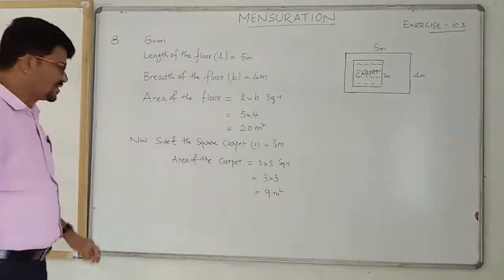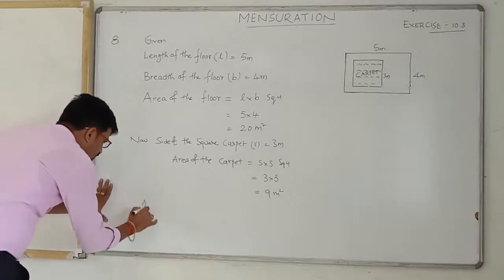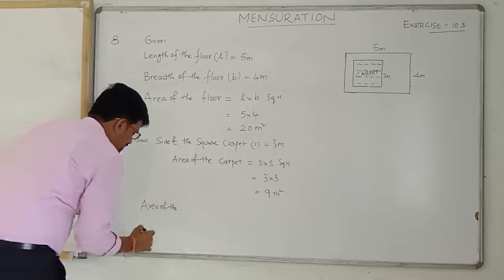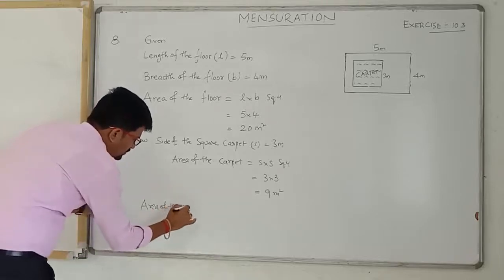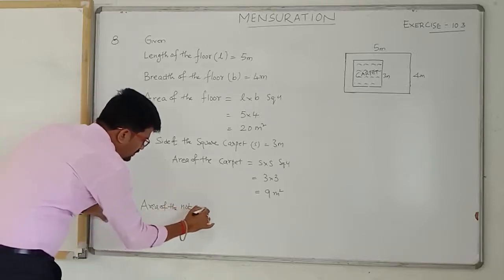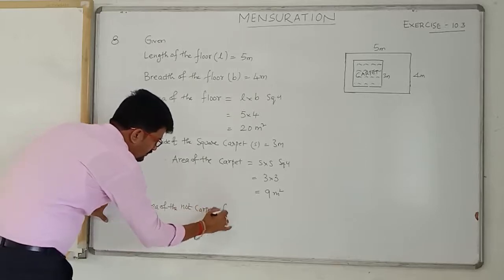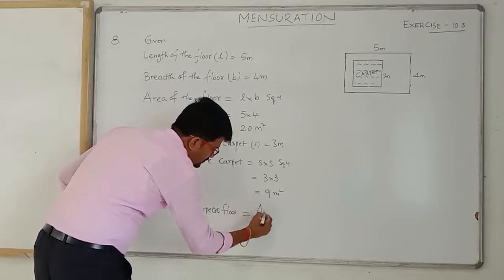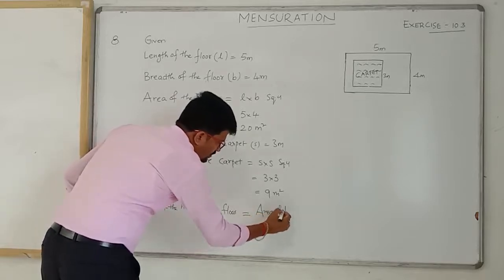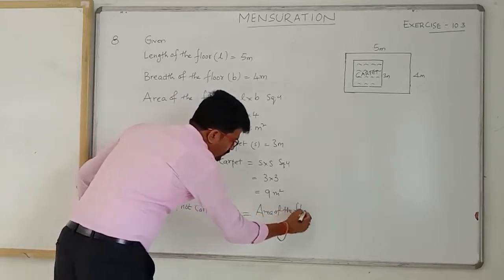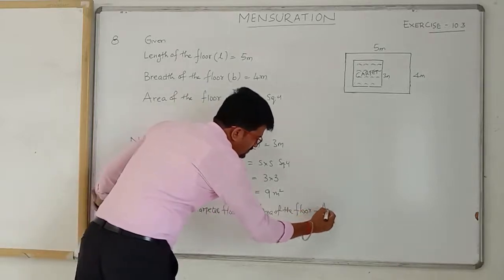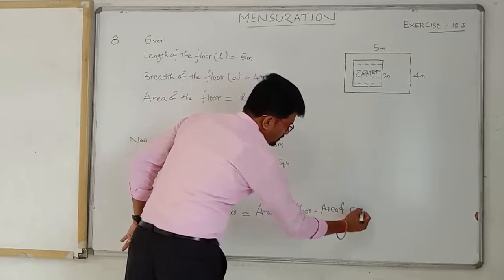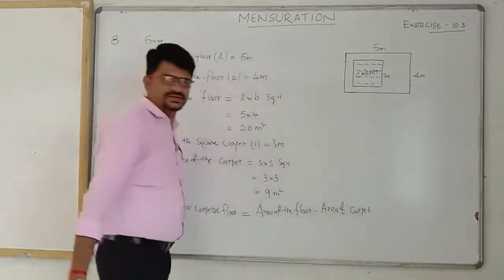Am I right? Now area of the not carpeted floor is equal to area of the floor minus area of the carpet. Am I right, children?